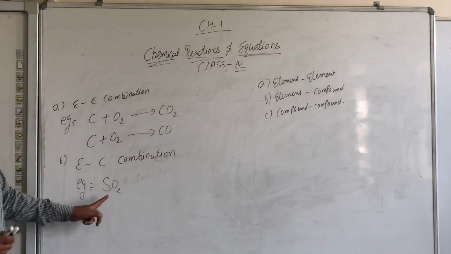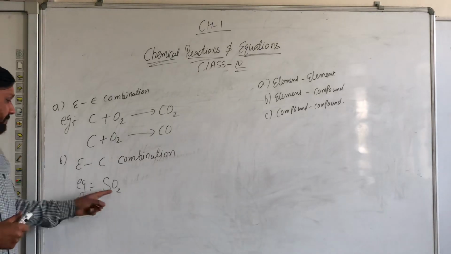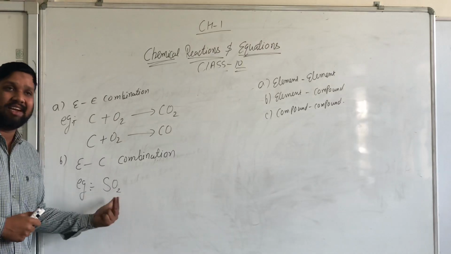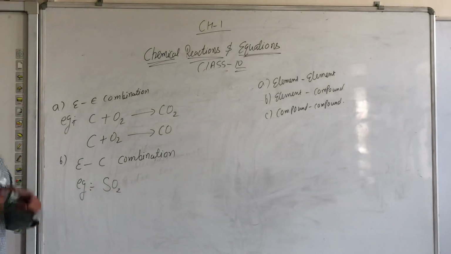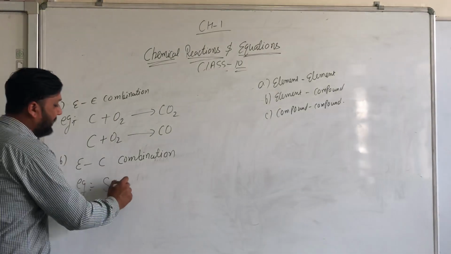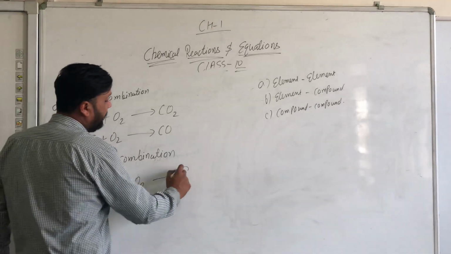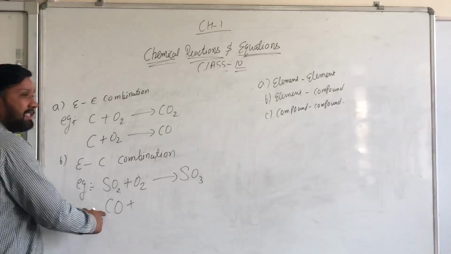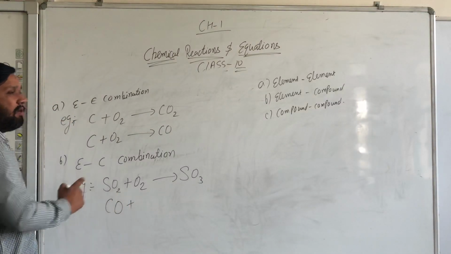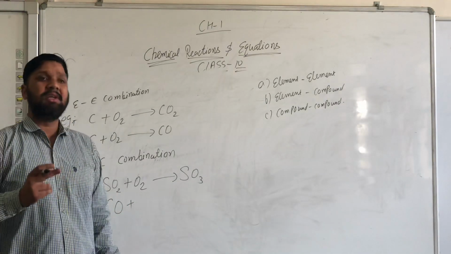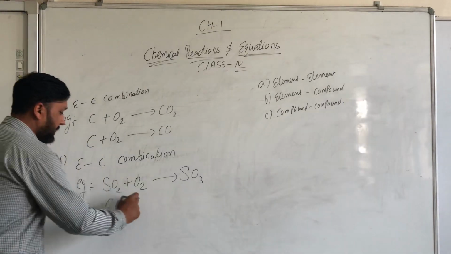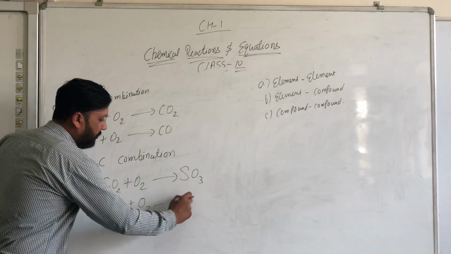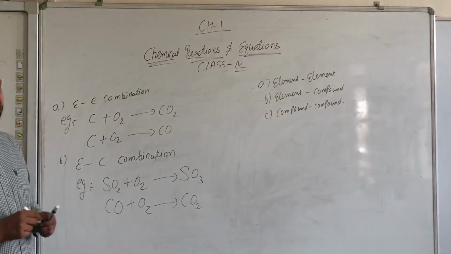Here we have sulfur, one type of atom, and oxygen, a second type of atom. So in SO2 we have 2 types of atom. When it combines with O2, it forms SO3. Similarly, carbon monoxide, CO, has one atom of carbon and one atom of oxygen, two types of atom. That's why it is called a compound. It reacts with oxygen to form carbon dioxide.